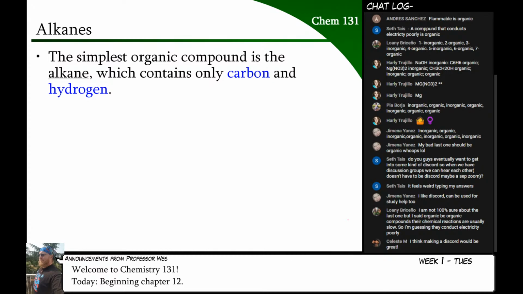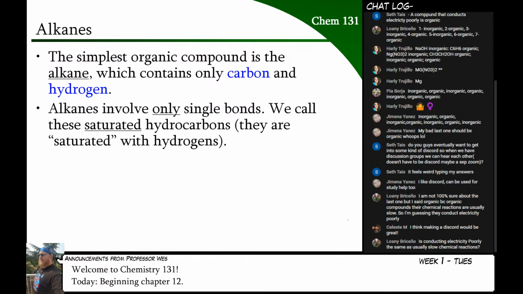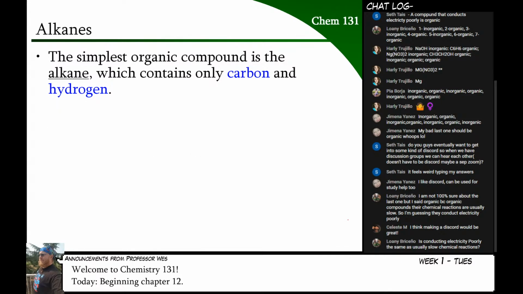Now, how do we draw alkanes out on paper? Well, we're going to draw them... Is conducting electricity poorly the same as usually slow chemical reaction? Conductivity and a chemical reaction are different things. So a slow chemical reaction is a different property than conducting electricity because electricity is a physical phenomenon.